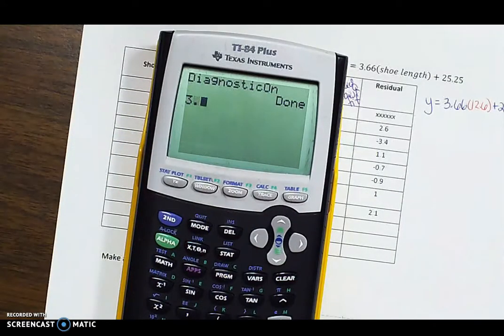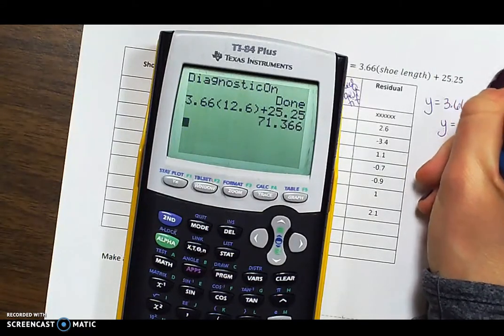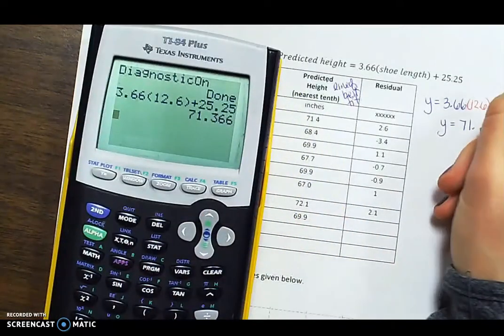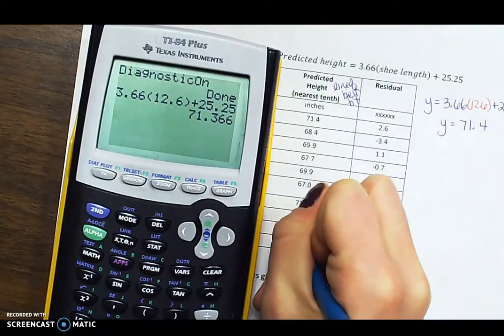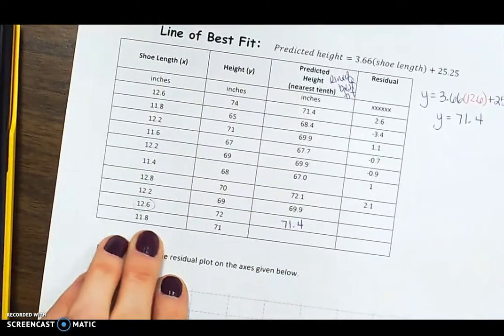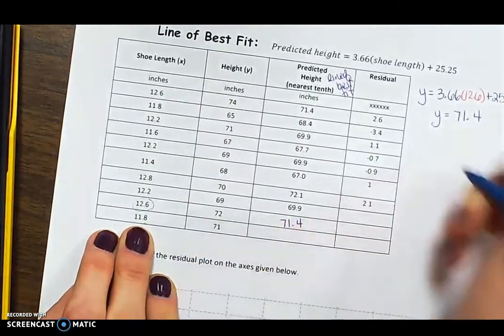So 3.66 times 12.6 plus 25.25. We hit enter, and my y is equal to 71 and I'm going to go to the nearest tenth, so 71.4.